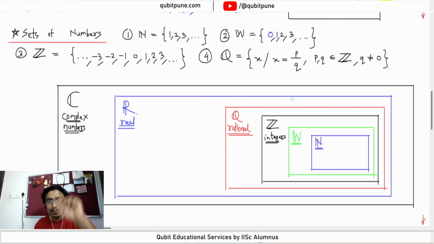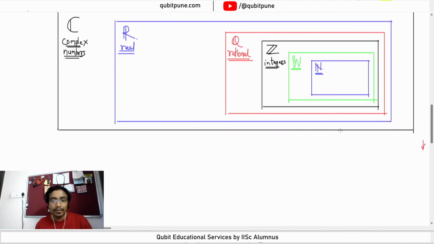Okay, so let us add one more point here. Consider x squared minus 2 equal to 0. So here we know there is no rational number x which can satisfy this equation.